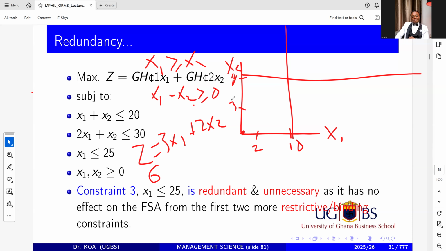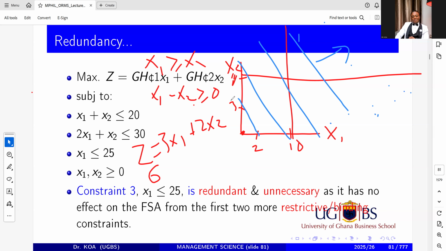Now we have been able to create a line. We can join this to create the isoprofit line. And then if you want to parallel shift it, you want a place where it will be the last place to leave the feasible solution area. It's not leaving, because here it's all feasible solution.